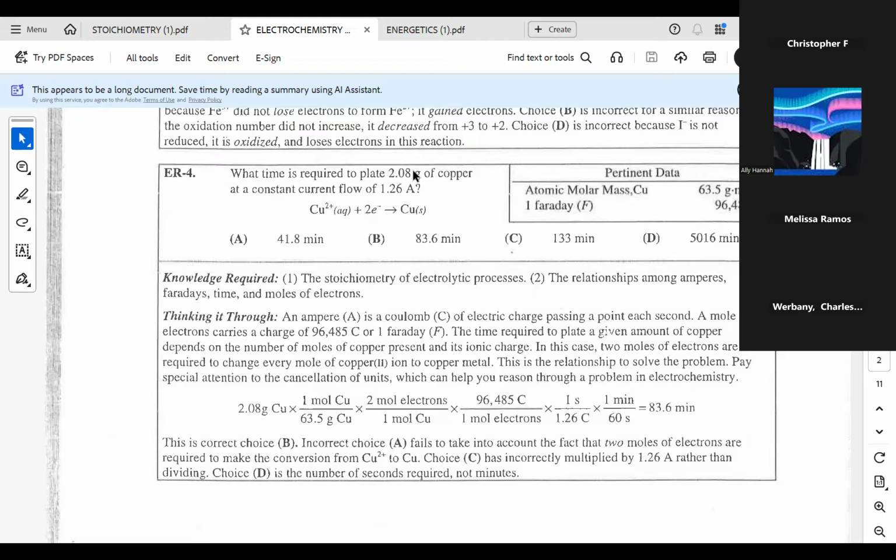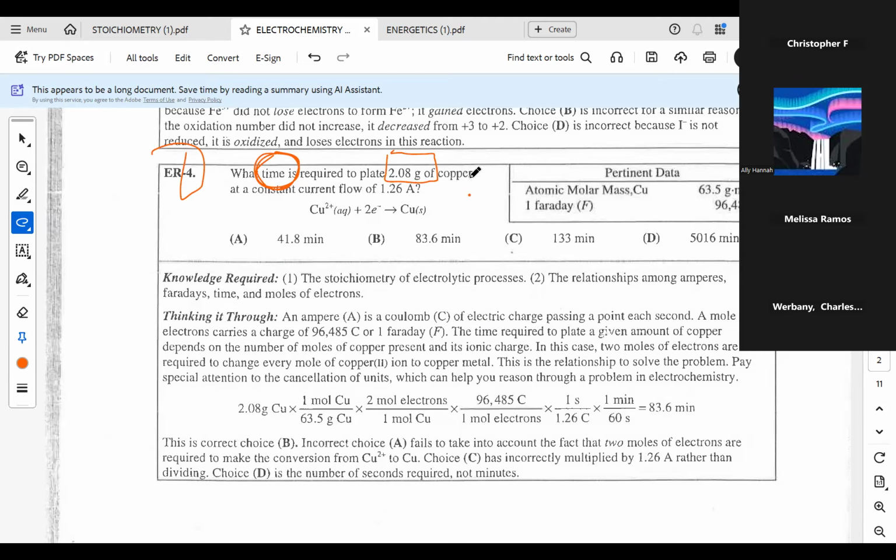This is interesting. I like the real world application of the electrochemistry because it covers electroplating here. In question 4, we're asked how much time? So we're looking for a unit of time, either seconds or minutes usually, to plate 2.08 grams of copper.